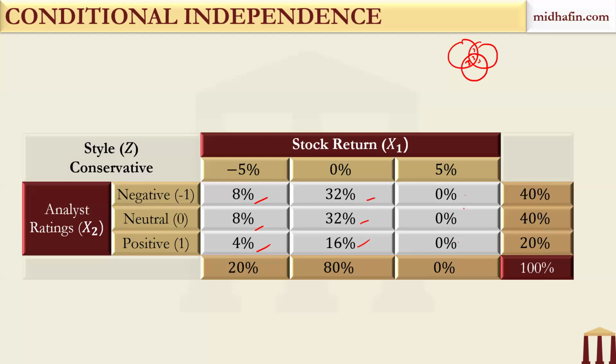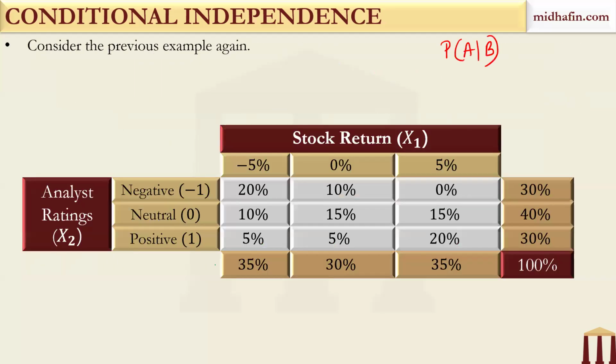Do you remember now? Yes, we did calculations. So over here also, if you see the base table, when we talked about independence, were they independent? If you multiply this and this, are you getting this? No. So, not independent unconditionally.